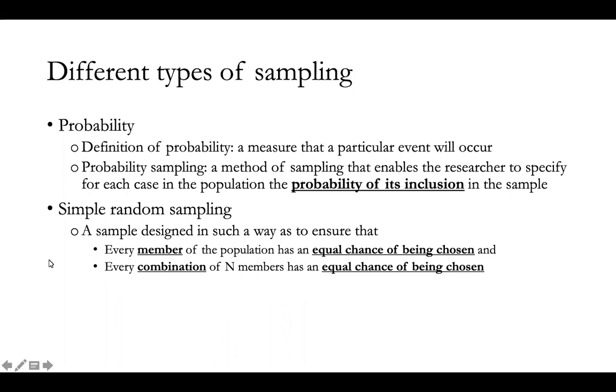The idea behind simple random sampling is you wouldn't want to end up with a sample that is limited to only a few corners of the population, we would want everyone across the spectrum of the population to have an equal chance of being represented. You would want the characteristics of your sample to match the characteristics of the population as much as possible.